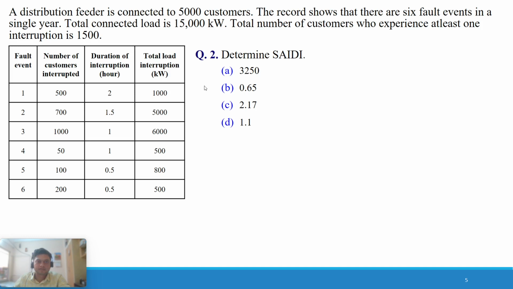So the next reliability index is SAIDI. SAIDI is the System Average Interruption Duration Index.